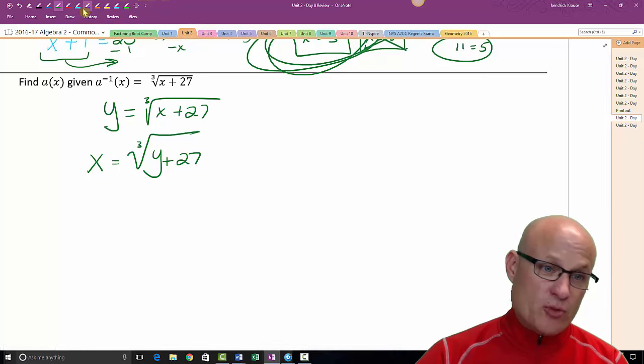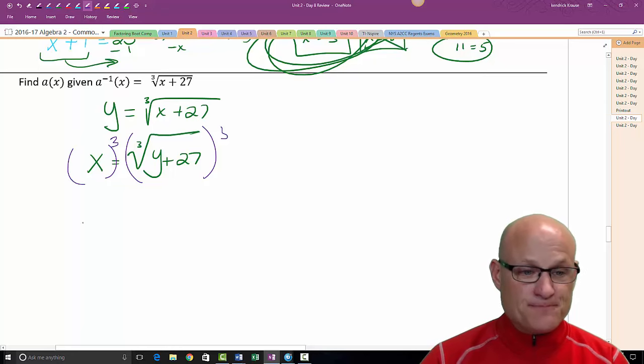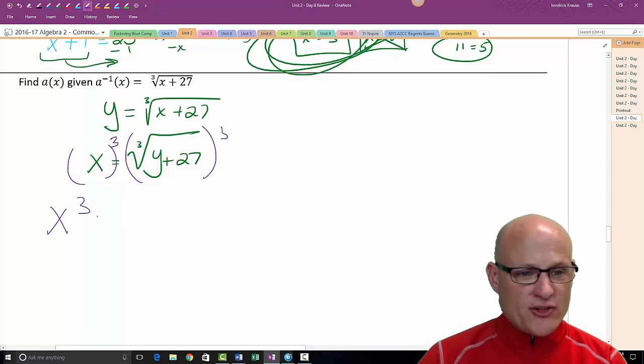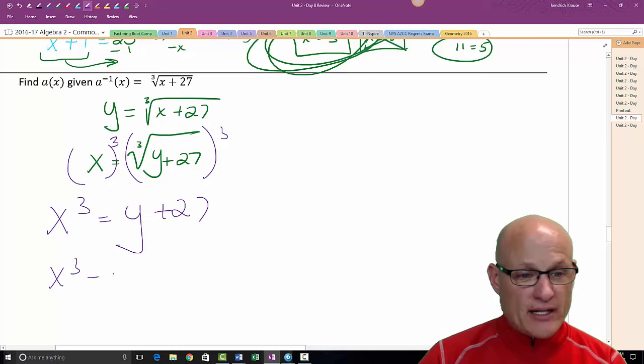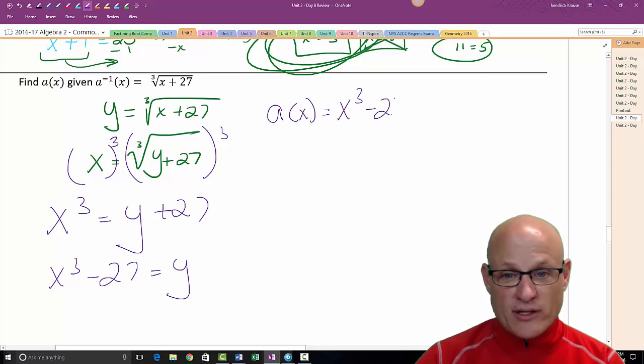Now, in order to get rid of a cube root, we have to cube both sides. So I got to cube this side, which means I have to cube this side. So I get x cubed equals y plus 27. Bring that over. I get x cubed minus 27 is equal to y. So a of x is equal to x cubed minus 27.